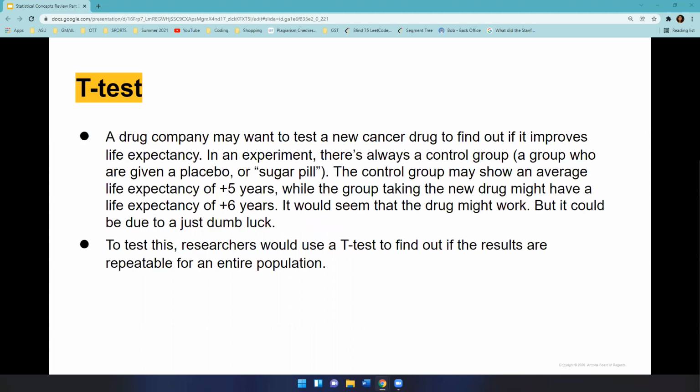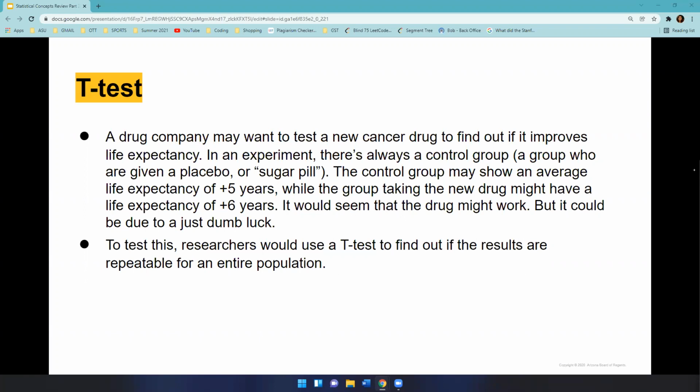So this is an example where a drug company may want to test a new cancer drug to find out if it improves life expectancy. In an experiment, there is always a control group, a group who are given placebo. The control group may show an average life expectancy of 5 years, while the group taking the new drug might have a life expectancy of 6 years.